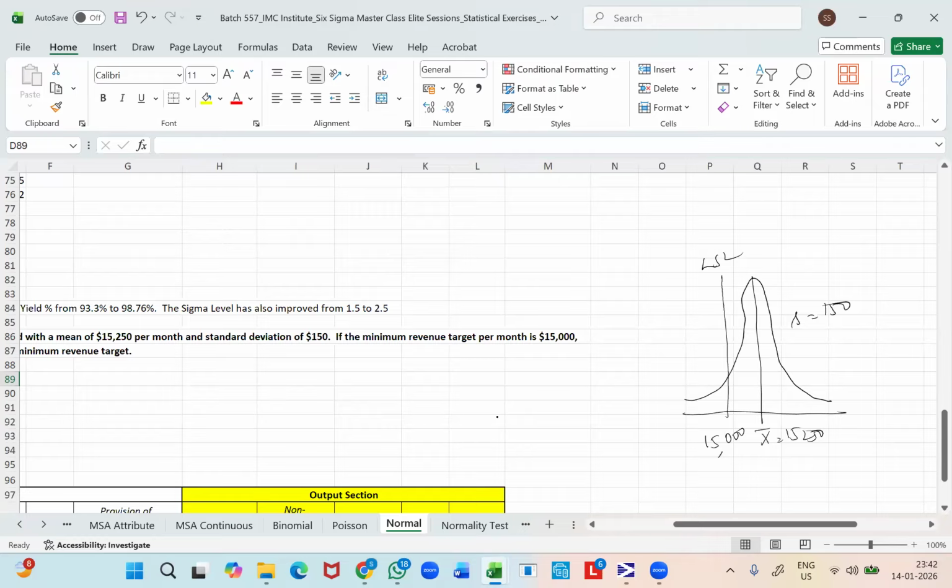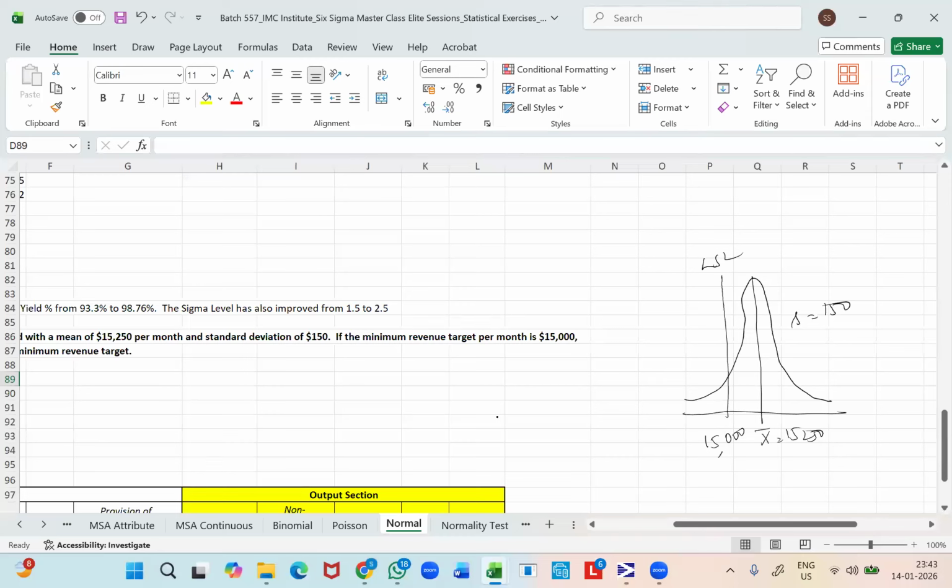Now, if you want to estimate the probability of meeting the minimum revenue target, which area in this process diagram are we supposed to find out? Which area are we supposed to calculate for the probability of meeting the minimum revenue target of $15,000?